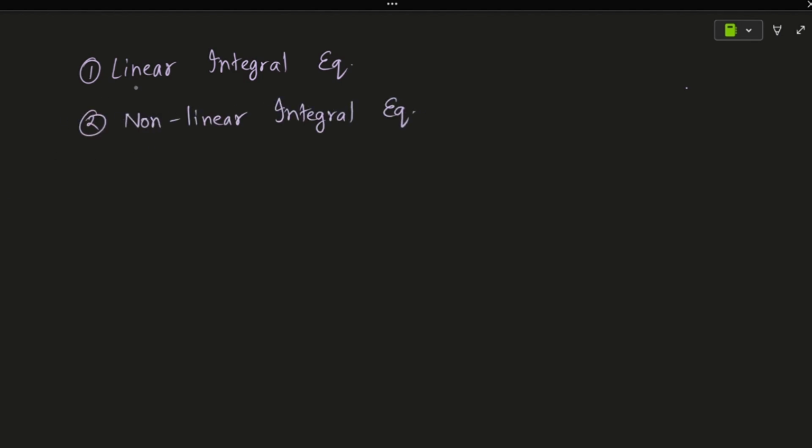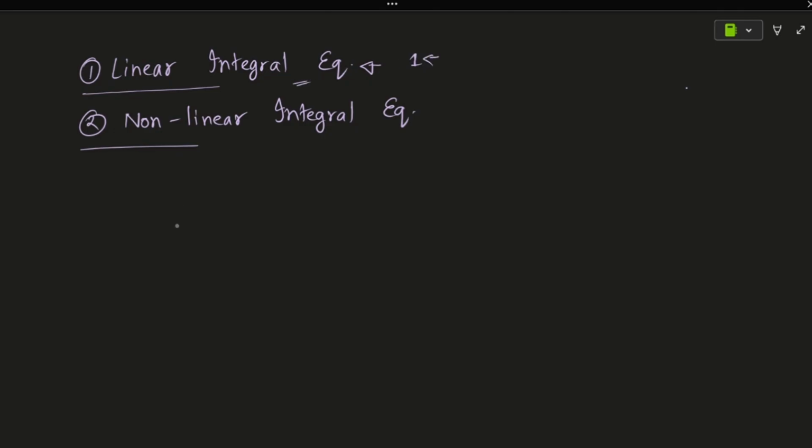Integral equations can also be classified into linear integral equations and nonlinear integral equations. The key difference is the power of the function itself. If the power of the unknown function is 1, then it will be a linear integral equation.